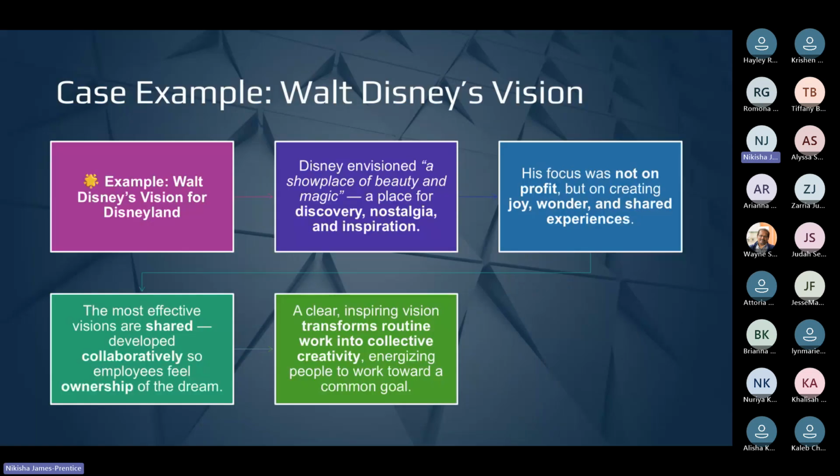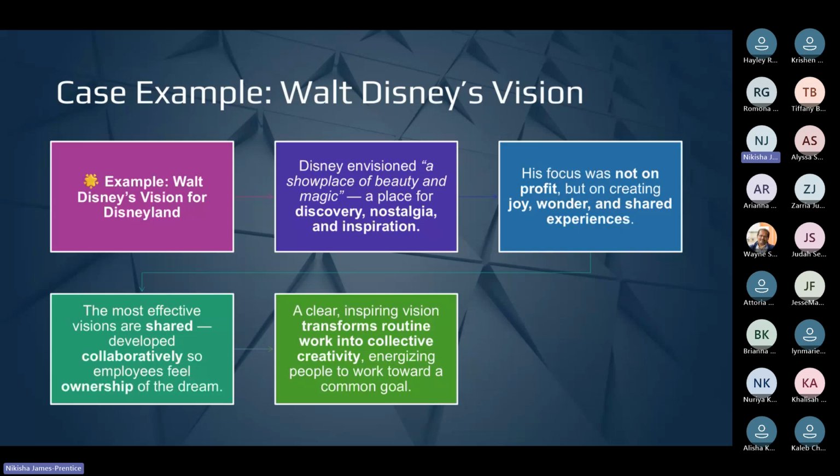So an example of this is Walt Disney's vision. Walt Disney's vision for Disneyland exemplifies how a compelling image of the future can mobilize people. Disney described Disneyland as a place for discovery, nostalgia, and inspiration, a showpiece of beauty and magic.